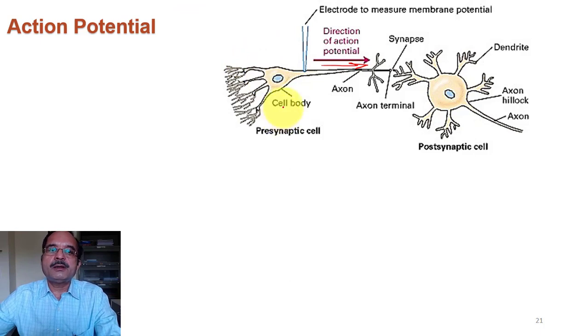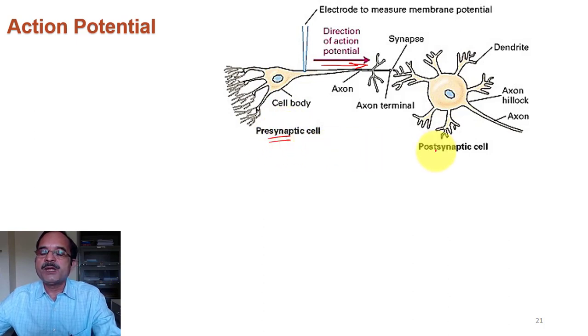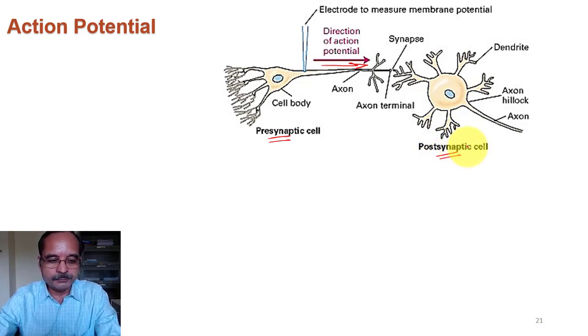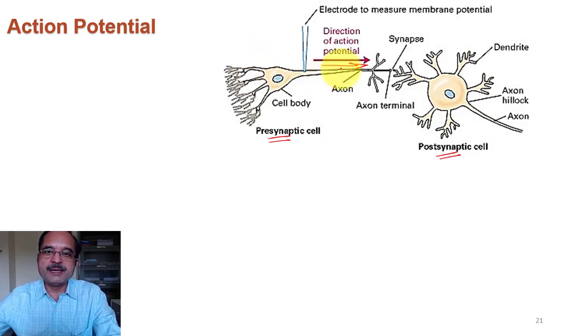The neuronal cell where the action potential begins is the presynaptic cell, and the neuron towards which the action potential is propagating is the postsynaptic cell. An axon terminal from the presynaptic cell sends signals that are picked up by the postsynaptic cell.